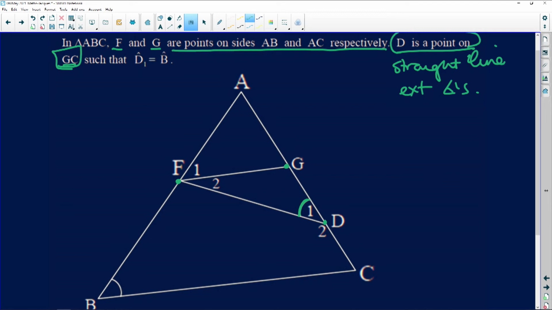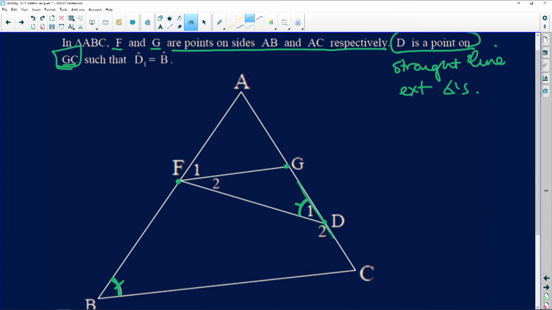Okay, and they say it is in such a way that angle D1 is equal to angle B. Now immediately, I'm sure a lot of you at home are shouting out to me, open your eyes, Jacques, there's a cyclic quadrilateral, and you are 100% correct. Let's see why. Here's our straight line.